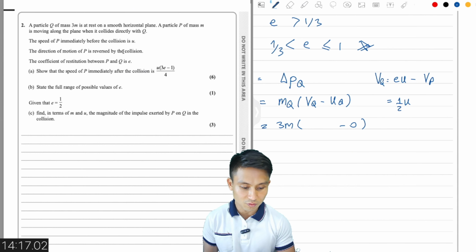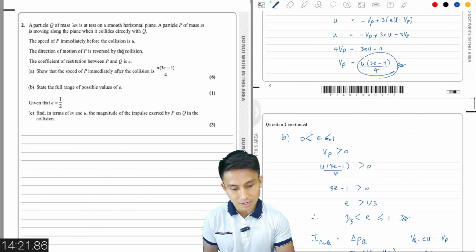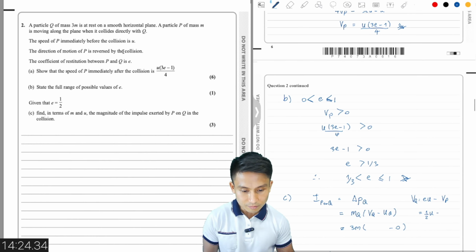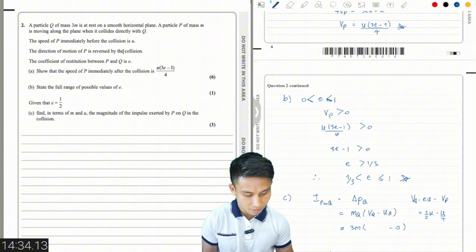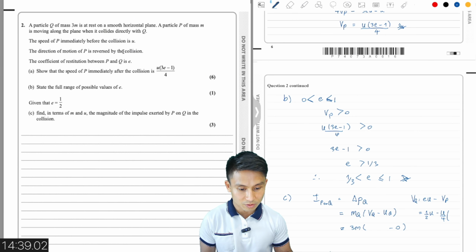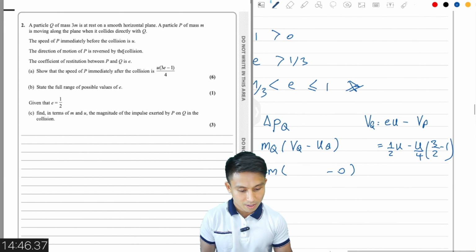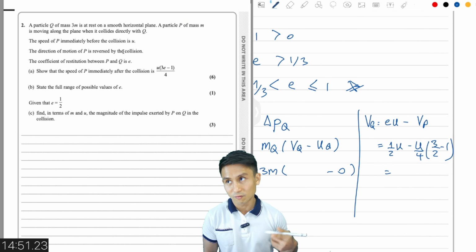So that's 1/2 u minus, what is vp then? vp is this guy, yeah? So it's 1/2 times 3, wait, no, that's u, not 1/2. u over 4, 3 times 1/2 is 3 over 2. So I'm just going to write everything, minus 1 there. Then 3 over 2 minus 1 is just 1 over 2.